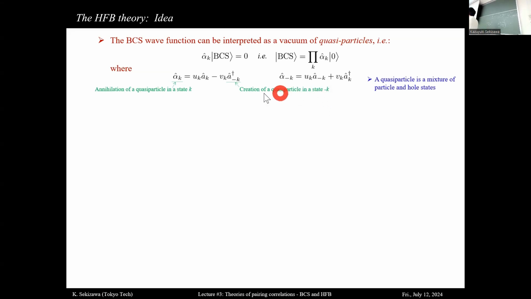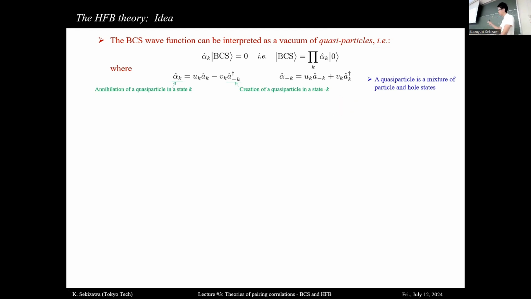And this BCS state is the vacuum of these quasi-particles. So this is another interpretation of the BCS wave function.